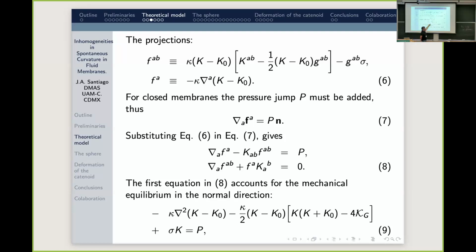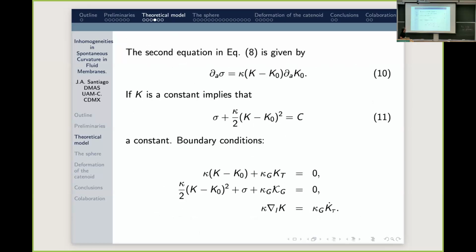But now we have this second equation that is a relationship between the gradients of the inhomogeneous functions, sigma and spontaneous curvatures.